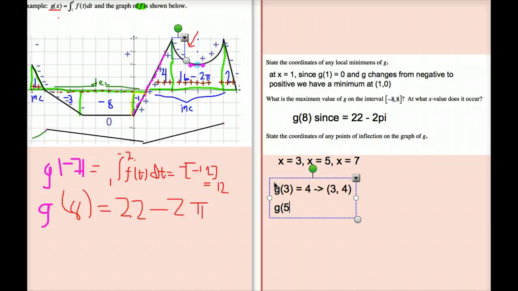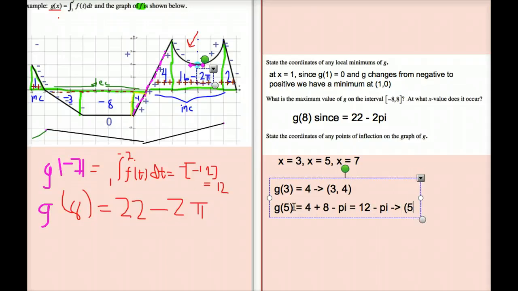If I find g of 5, we did not find that one earlier, so g of 5 is from 1 to 5, and I see that's this triangle right here, that's a positive 4, and 5 is half of this, which gives us 4 plus 16 over 2 is 8, minus 2 pi over 2, which is pi. So if I simplify that, I get 12 minus pi, which gives us a point of (5, 12 minus pi).